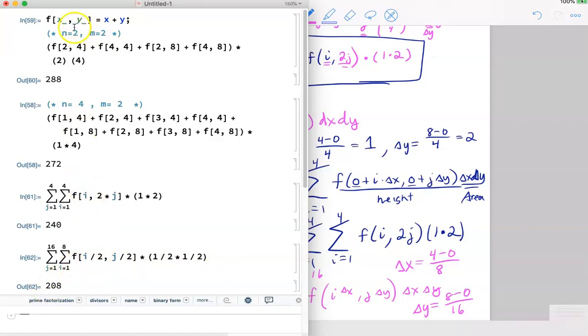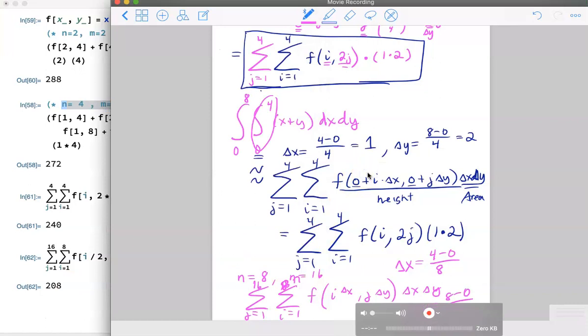So what we can see here is that as we take more rectangles, the value is getting smaller and smaller, and the question is, is there a limit? Okay, and that's what we're going to address in the rest of this video.